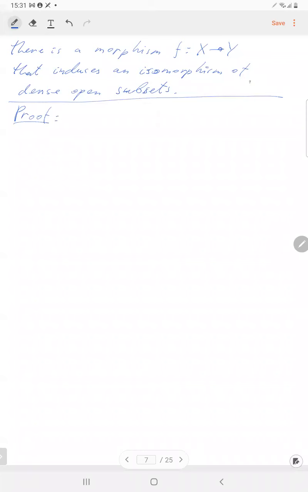Okay, so even before we prove this, we prove some closely related statement, but even better, even stronger statement. So let's only assume that y is irreducible and separable.